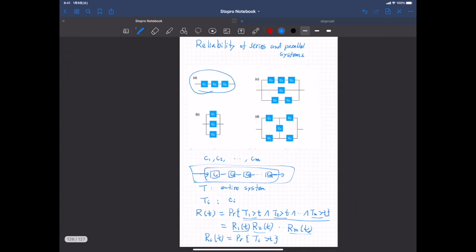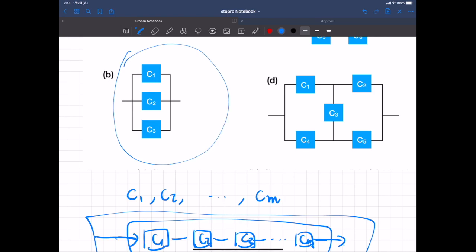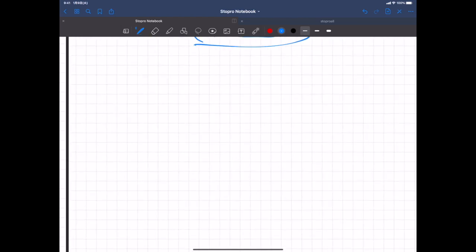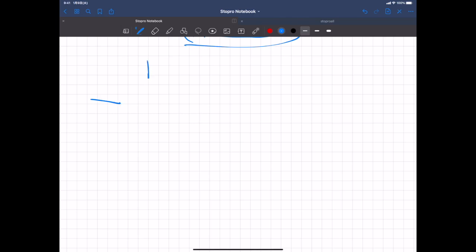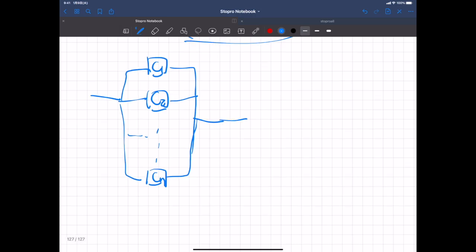Next, we consider the parallel system like this one. Okay, so let's see. If we have m components in parallel, C1, C2, and Cm, and then we want to calculate the reliability function for the entire system based on those of each component.